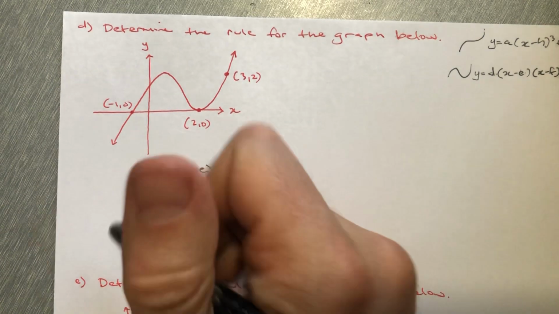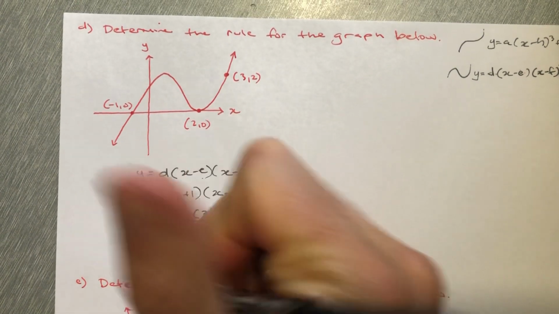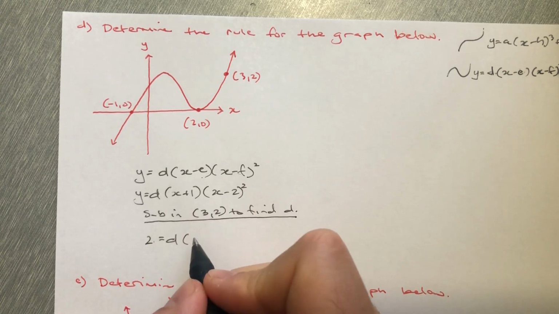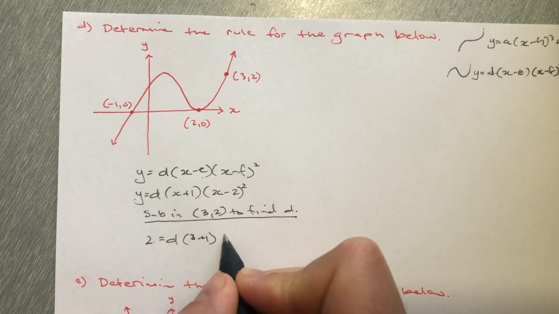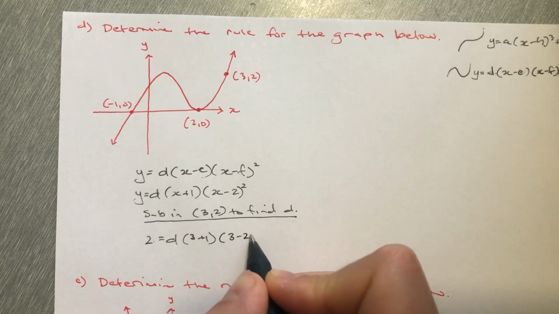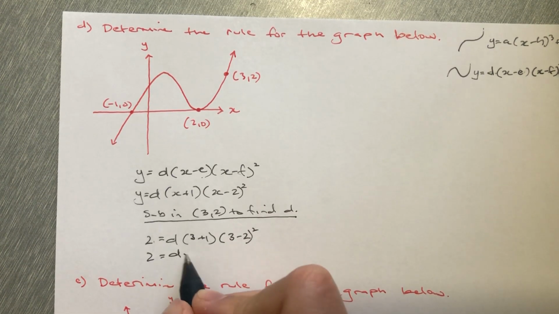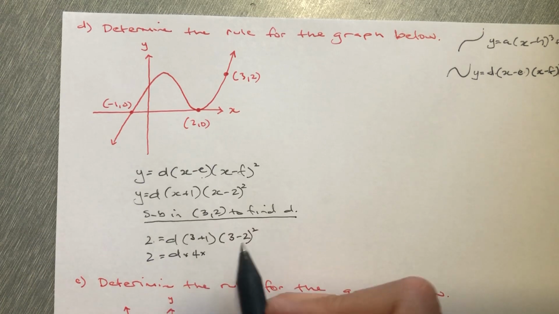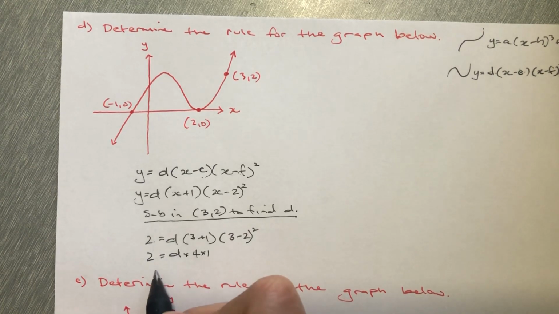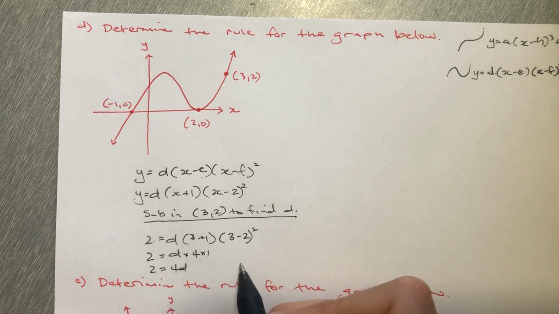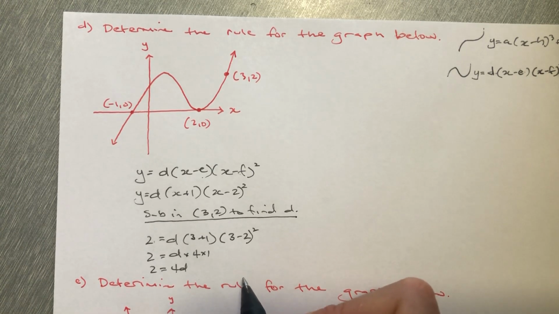No, y is 2. So 2 equals 4d, so that means that d is going to be 1/2.